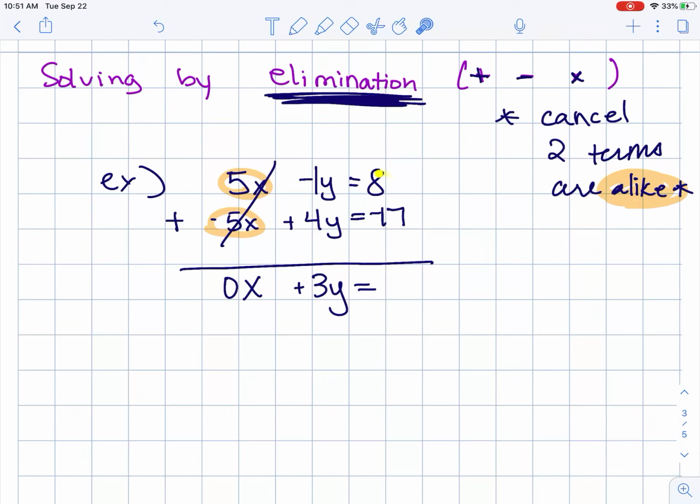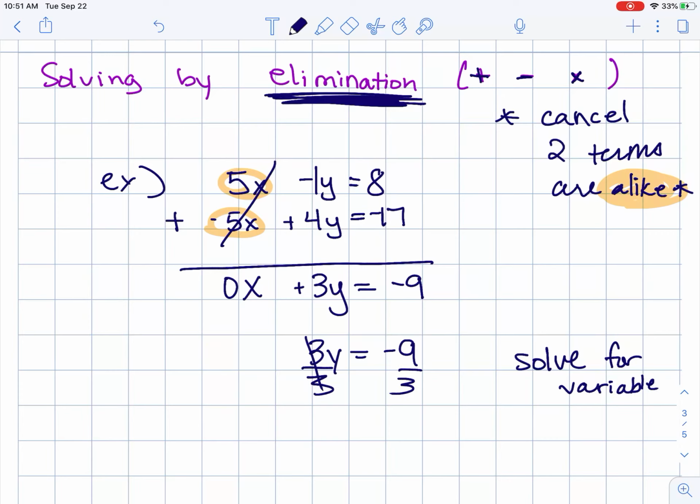And positive 8 plus negative 17 is a negative 9. Well, I know 0x is just 0, so that's 3y equals negative 9. Now we're going to solve for the variable. We're going to divide both sides by 3, and we get y equals negative 3.